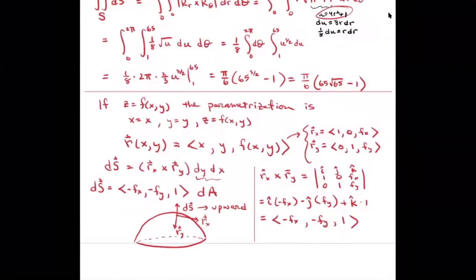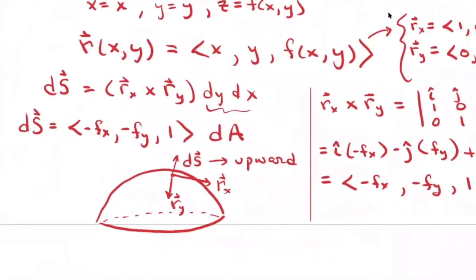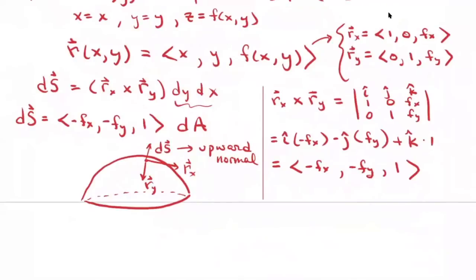It's normal to the surface. So I'm actually going to tweak that a little bit so that it doesn't look like it's coming straight up. So I'm gonna have to go this way kind of. So that's an upward normal. Okay. And that's going to be important.